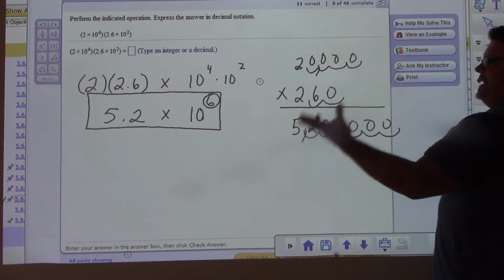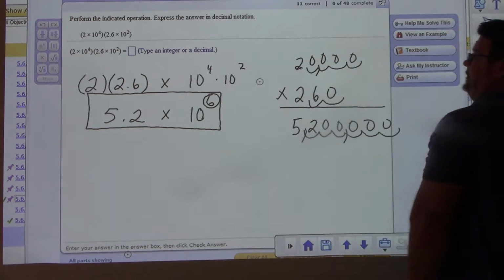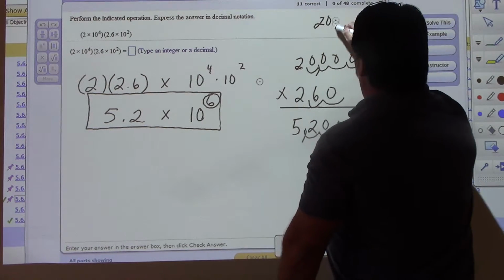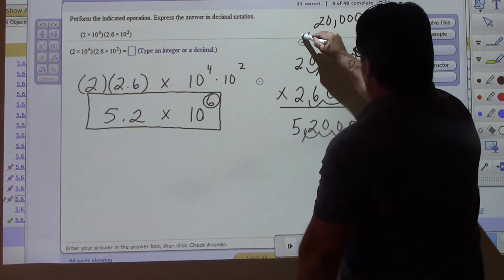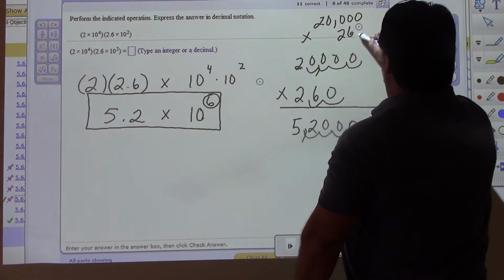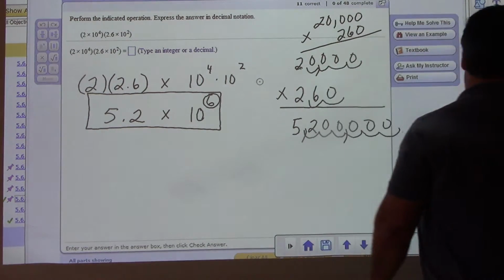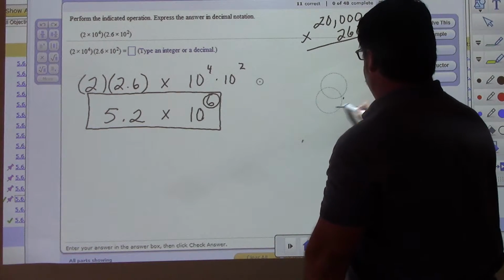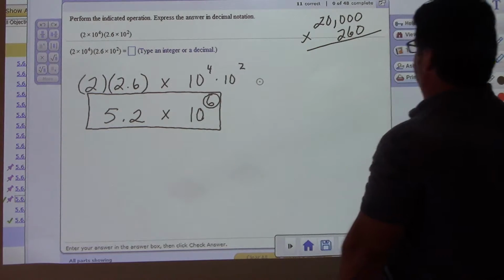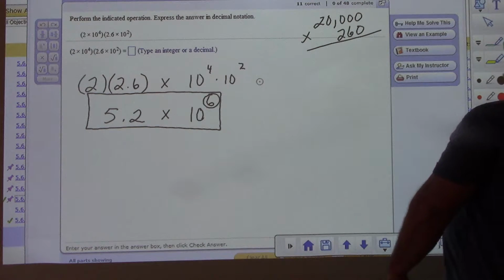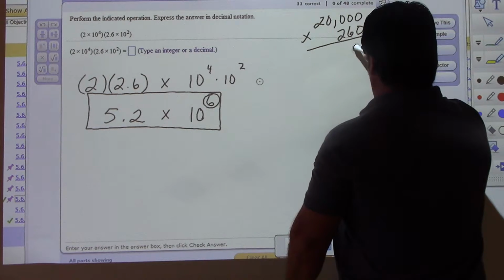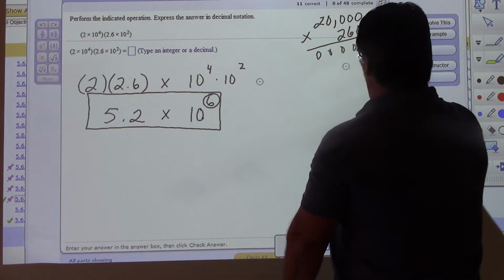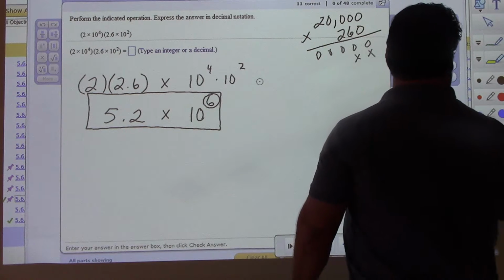If you didn't have scientific notation, you would have to do 20,000 times 260, and you know how you did your long multiplication back in second grade? This is what you would have to do. And you go 0, 0, 0, 0, 0, put an X there.